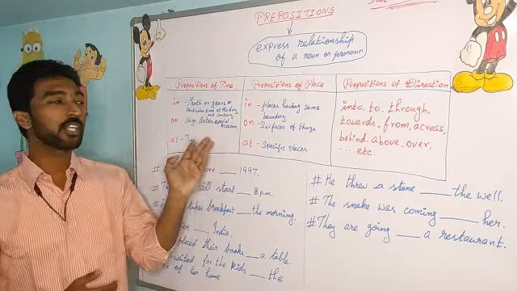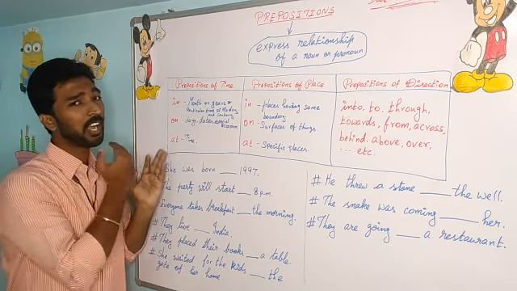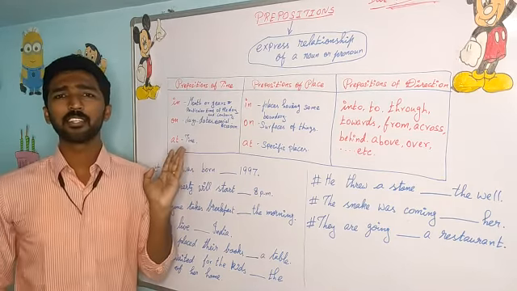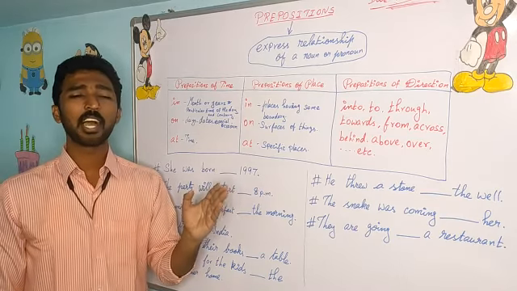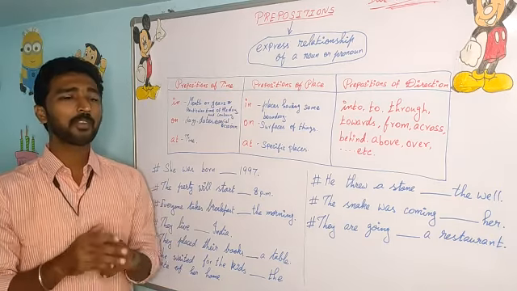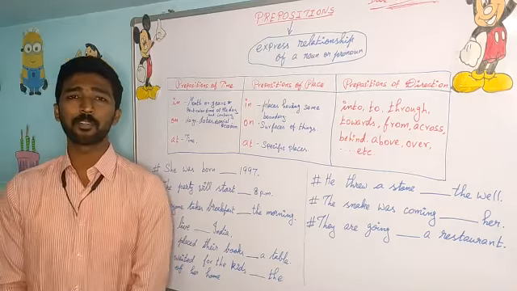For those things we use on. And for at, here we have to use at for time. At 8 o'clock, at 12:30, at 11:15, at 1 o'clock, at 5 o'clock. For time we have to use at. Yes. Now you know the prepositions of time.